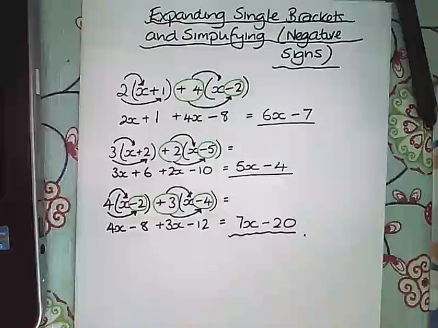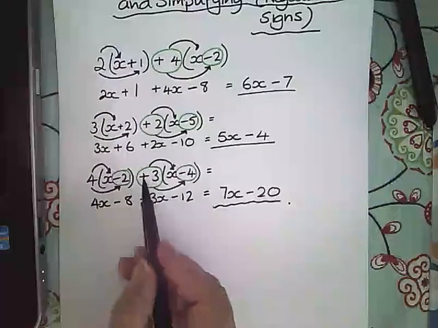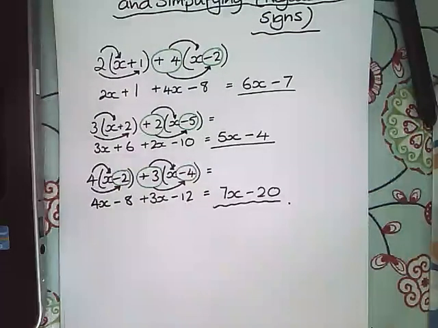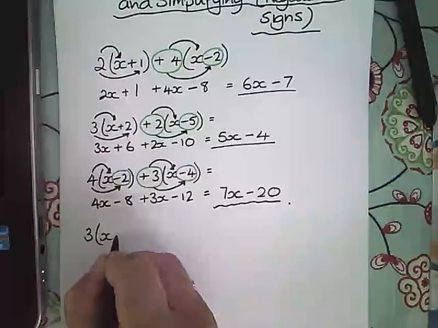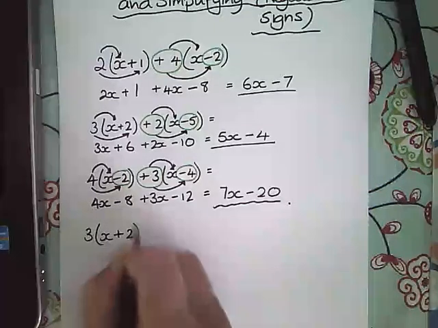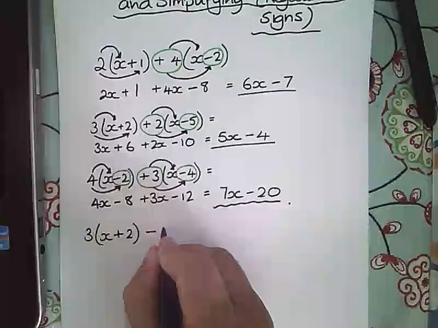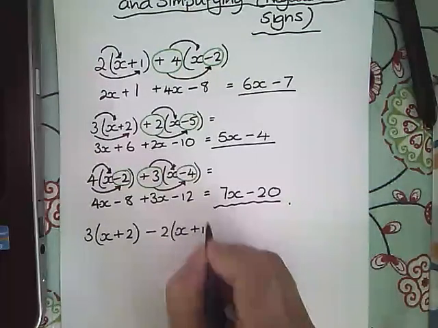And finally, the most difficult one is when we've got a negative sign here. The second bracket is subtracted, but it's just the same procedure, so you just take it slowly and you will be fine. 3 brackets x plus 2, take away 2 brackets x plus 1.